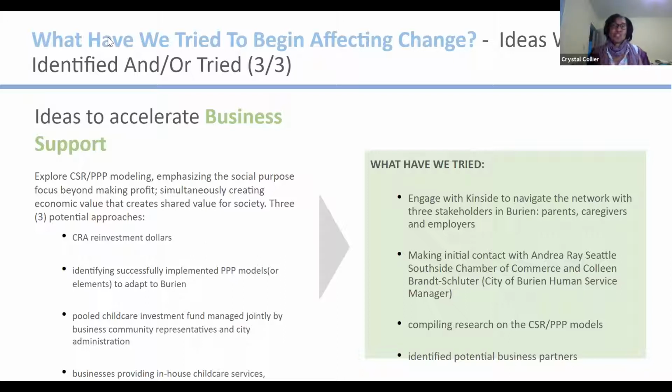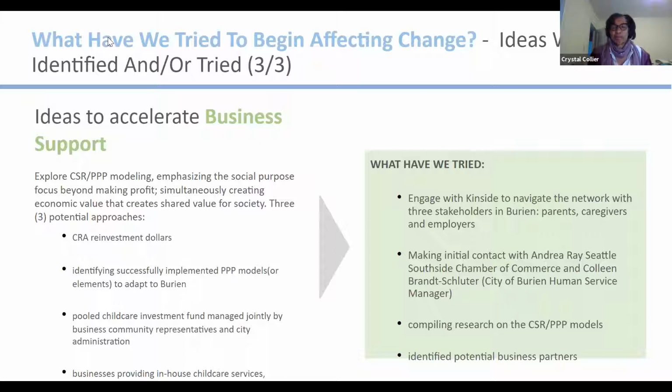When we started this conversation with Kevin, where we actually started was the idea of a subsidy, and looking at it, even thinking about it as a tax credit, or looking at it as a flexible spending account. So when talking with Kinside, part of that was understanding how one would manage a flexible spending account or a child care dependency account.